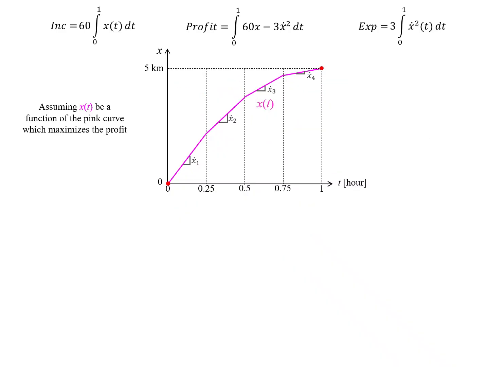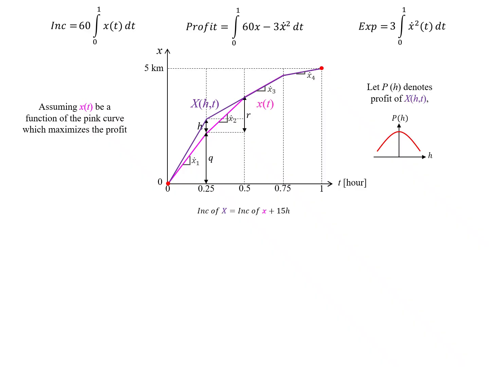Now, if we go further by allowing the velocity to be changed 3 times so that the curve is now piecewise linear with 4 sections. Again, assuming that the pink curve of small x maximizes the profit, let the purple curve of big X be similar to the pink curve but lifted by h at t equals 0.25 hour.